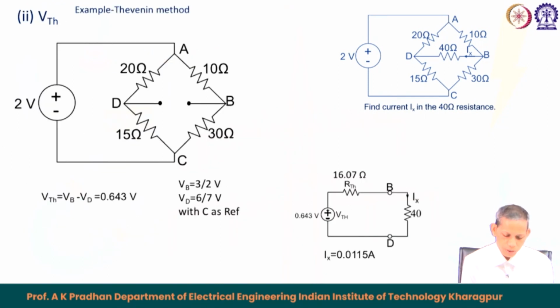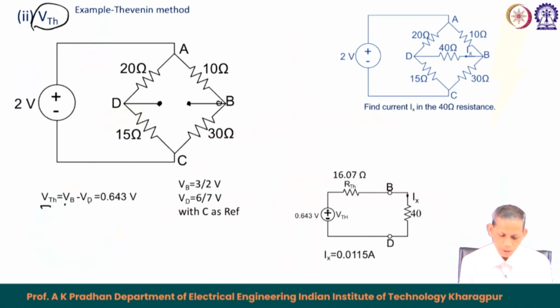Next we talk about the V t h. For V t h we will remove the corresponding 40 ohm resistance and just keep it open. So, we will find the corresponding open circuit voltage, that is V t h equals V b minus V d. I am assuming B to be positive, higher potential than D; it may or may not be in the answer.